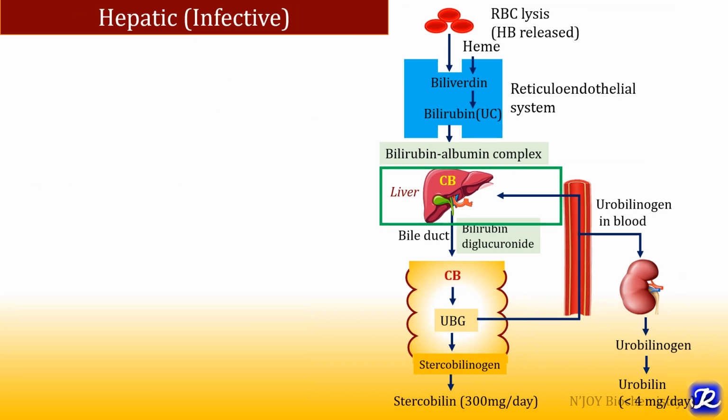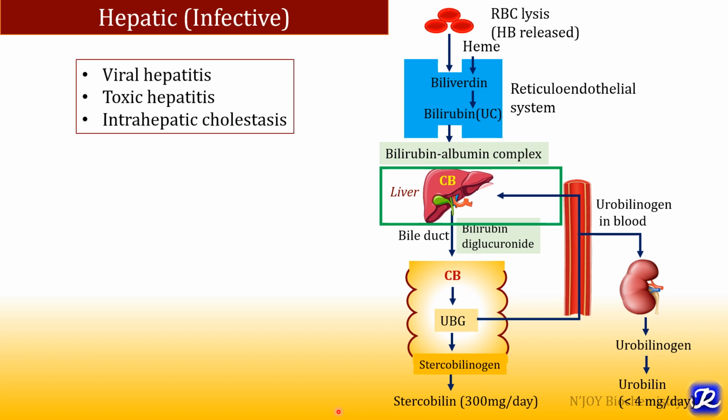The second type of jaundice is hepatic jaundice or infective jaundice, and this involves the liver. And in the liver, what happens? Unconjugated bilirubin is taken up by the liver and conjugation occurs. Then the conjugated bilirubin is excreted through the bile duct into the intestine. What are the causes of this hepatic jaundice? This can be viral hepatitis.